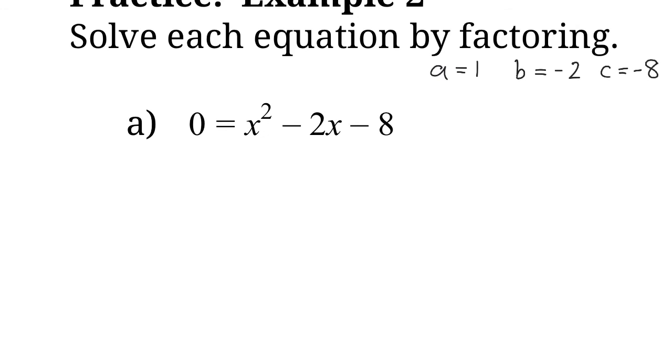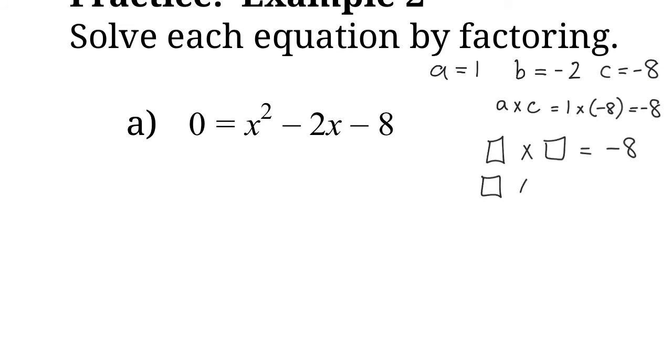The next thing we're going to do is take our a value and multiply it with our c value. So for us, that would be 1 multiplied by -8, which is -8. So we need two numbers that are going to multiply to give us -8, and those same two numbers have to add together to give us our b value, and our b value is -2.